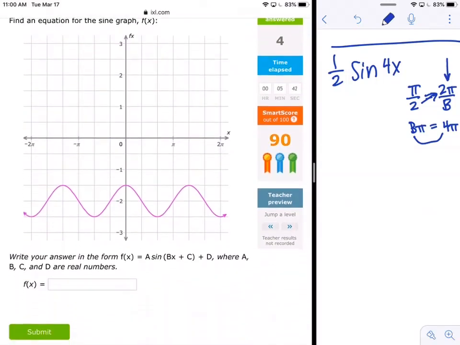This would be the graph here. So I know that it's a sine curve. And for this one, I see that the center of it has been shifted over a little bit. So I'm going to be mindful that there's going to be a phase shift here. So I'm just going to start where I know something is, where it's easy to find.